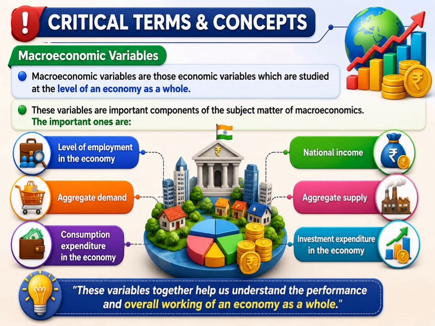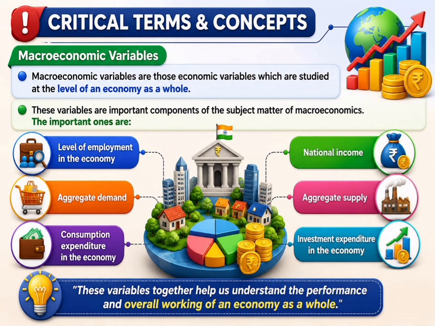Second one, aggregate demand. You have already learned that aggregate means total. So, aggregate demand means the total demand for all goods and services in the country. For example, if people buy food, clothes, mobiles, cars, and many other products, all these demands together are called aggregate demand.